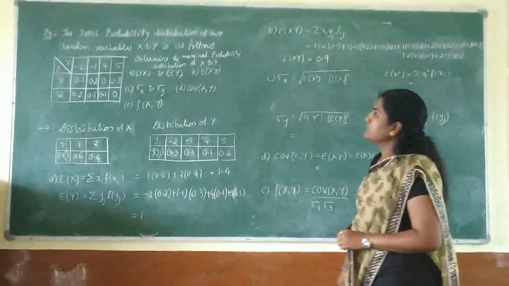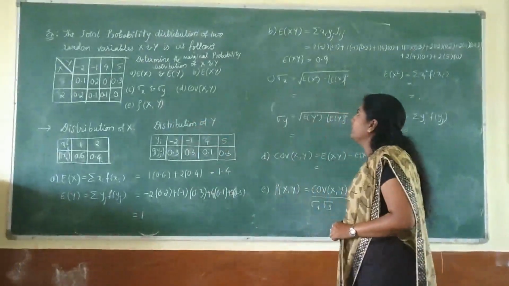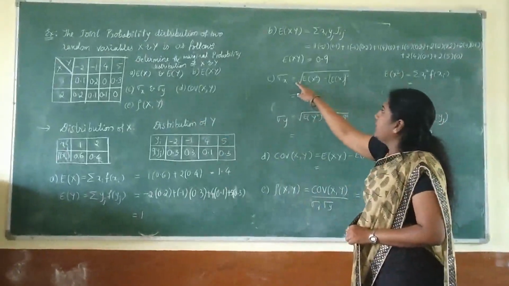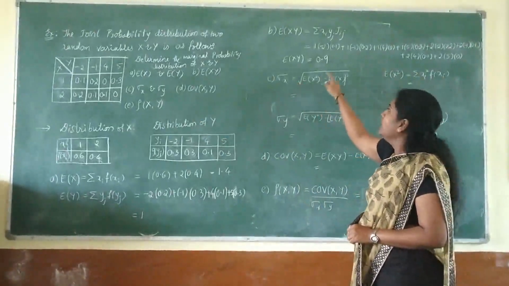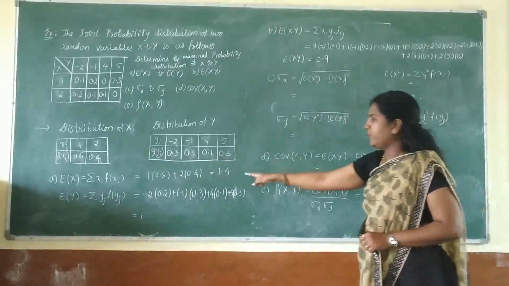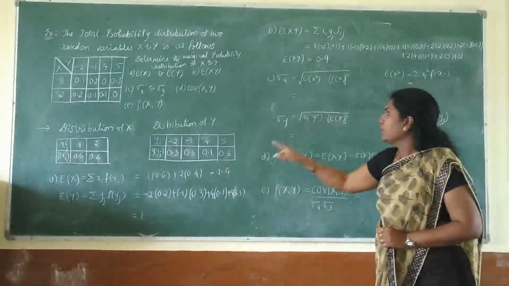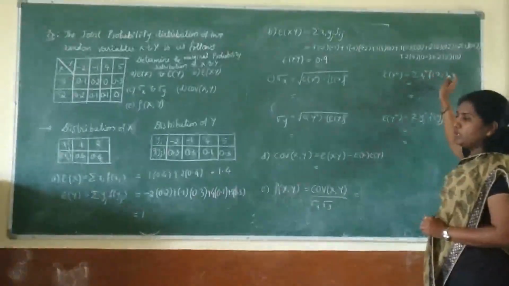Next, they are asking for sigma x and sigma y, the standard deviations. We can find these using the formula square root of E of x square minus E of x whole square. E of x we have already obtained. Now we find E of x square, which is the summation of x square into f of x.